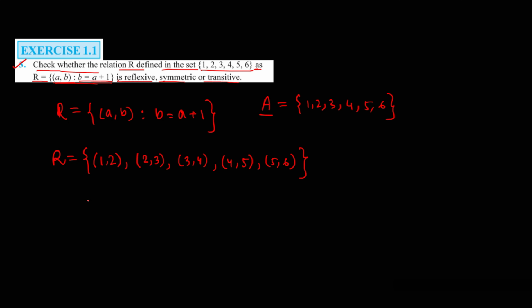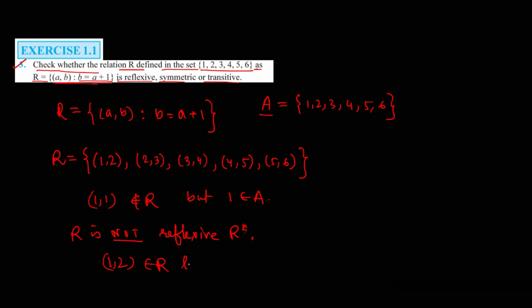Clearly you can see that (1, 1) does not belong to R, but 1 belongs to set A, so R is not reflexive. And you can see that (1, 2) belongs to R, but (2, 1) does not belong to R. So that implies that R is not symmetric.